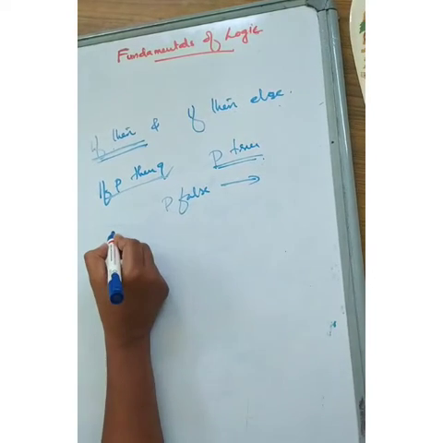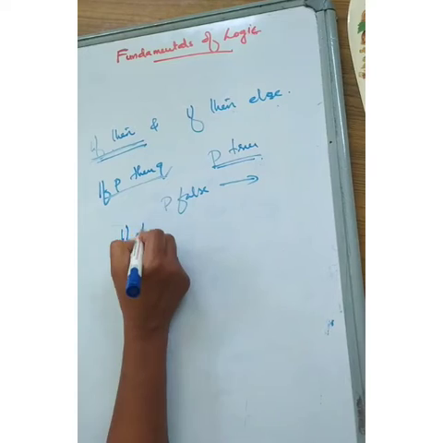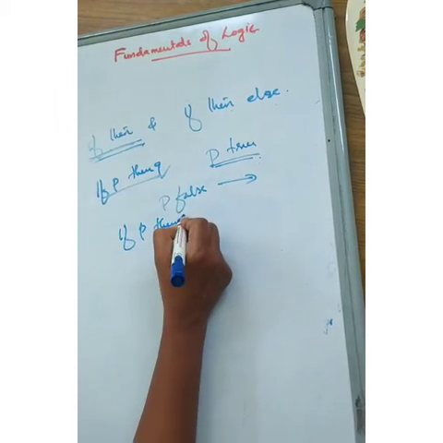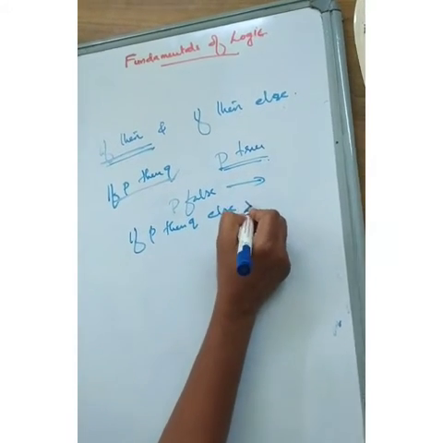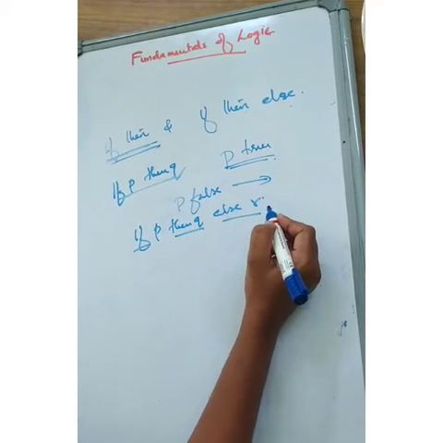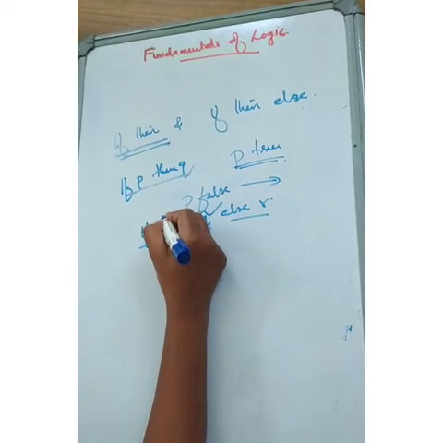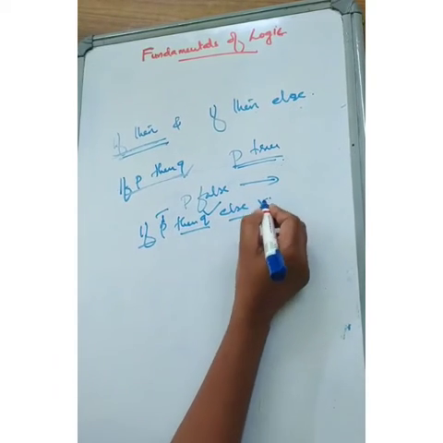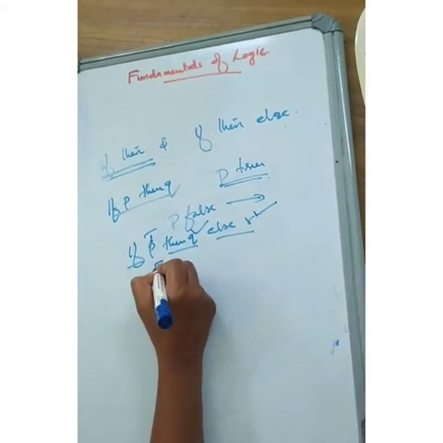For the decision structure, if P then Q else R, Q is executed when P is true and R is executed when P is false.